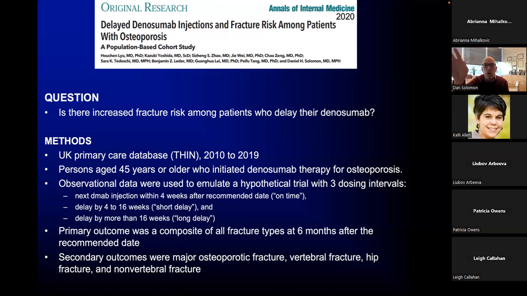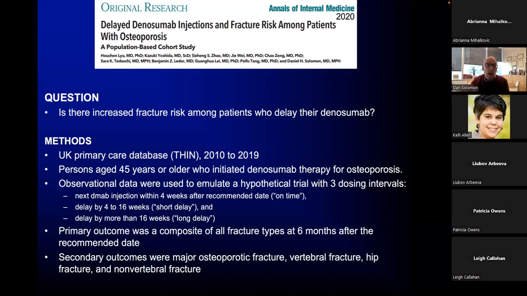And if it was 5 to 7 months, we called that on time. And if it was delayed from 1 to 4 months, we called that a short delay. And delayed by more than 4 months, 16 weeks, we called that a long delay. And as a clinician, this is what we see in practice. Patients don't always come in when we ask them to come in. Sometimes the healthcare system doesn't work.